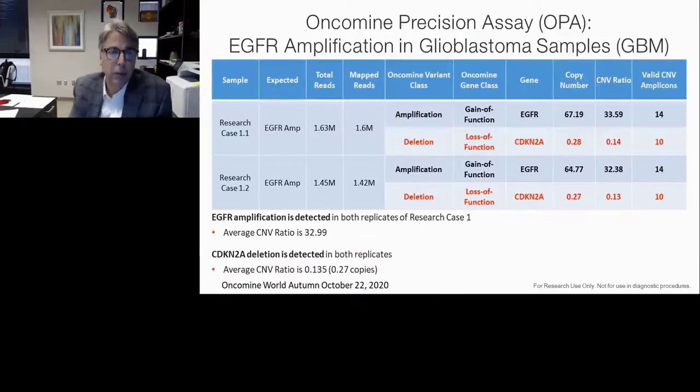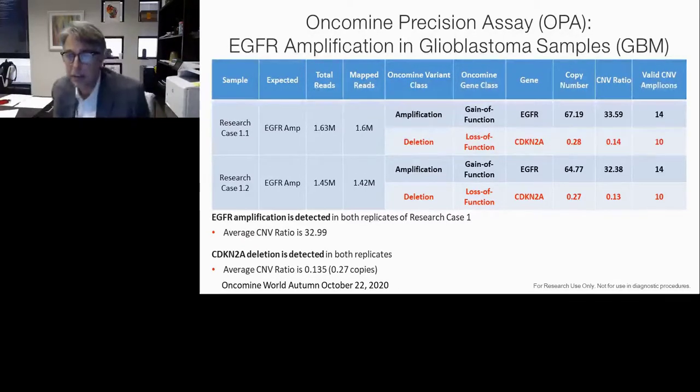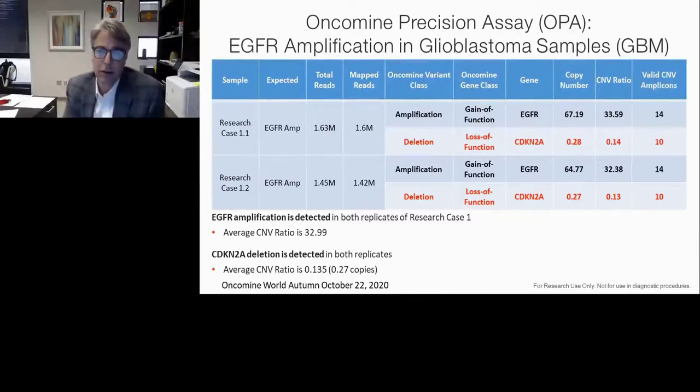So we had a sample in which we had identified EGFR amplification. We ran it in duplicate, and this chart shows that on the Genexus, we were able to pick up EGFR amplification and recognize that in each of the samples, there are roughly 33 copy number amplification of the EGFR gene.